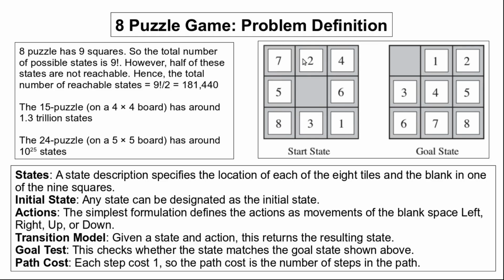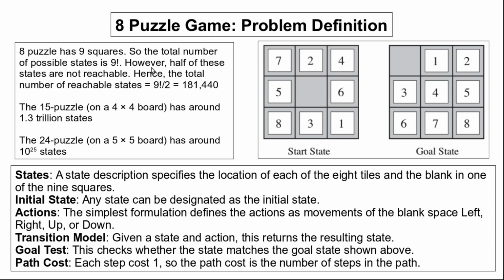And once the first 2 squares have been filled up, the next square we can fill up in 7 different ways. Hence the total number of ways in which we can fill up these 9 squares will be 9 into 8 into 7 into 6 into 5 into 4 into 3 into 2 into 1, and that's your 9 factorial. So that's the total number of states we can have.